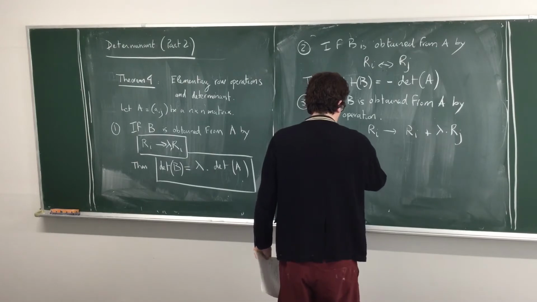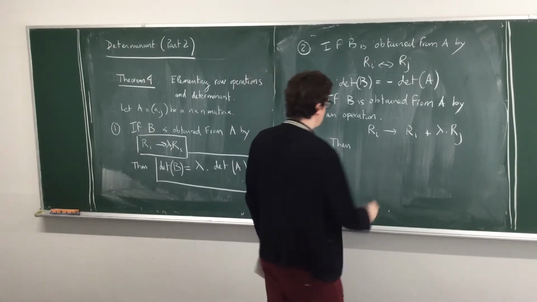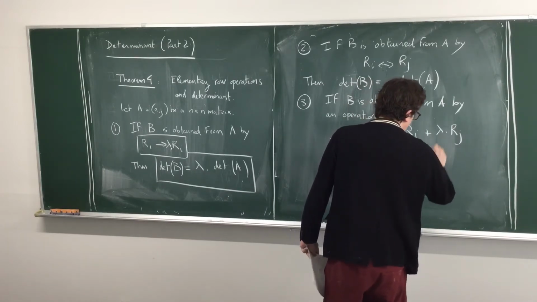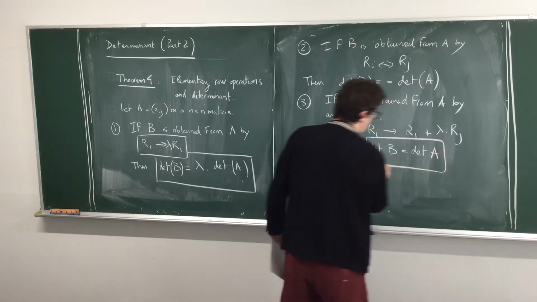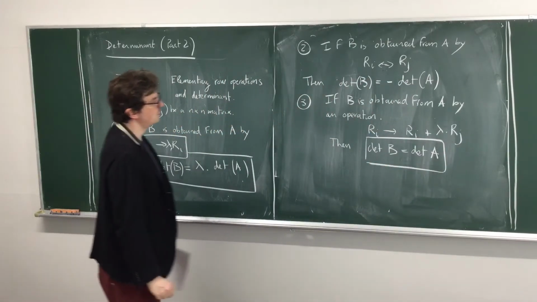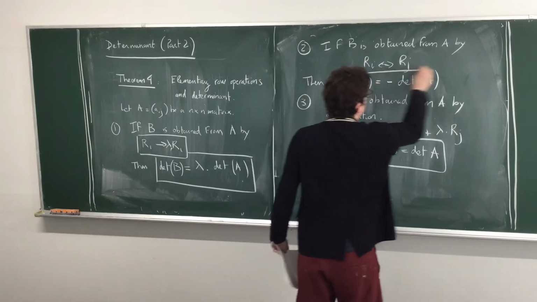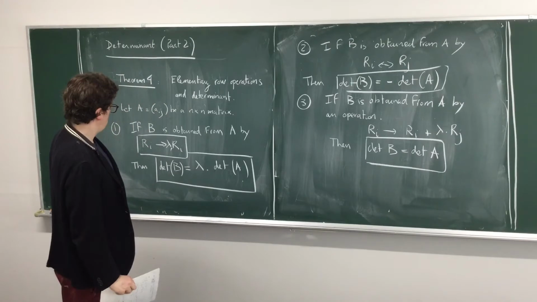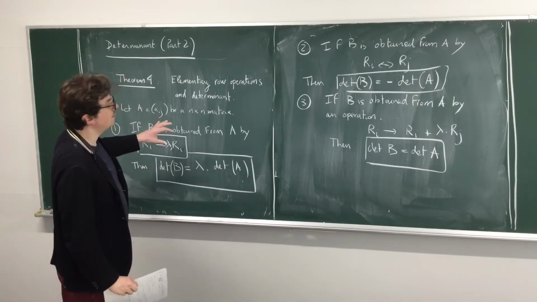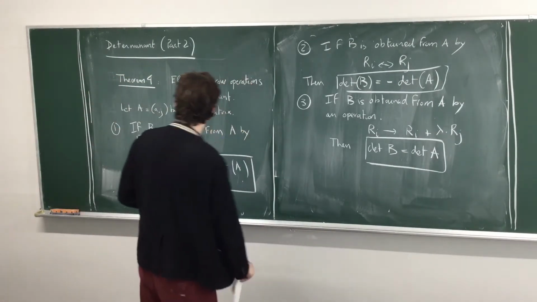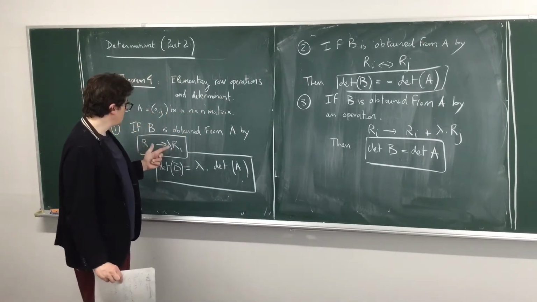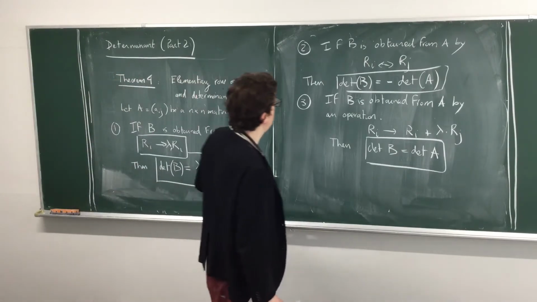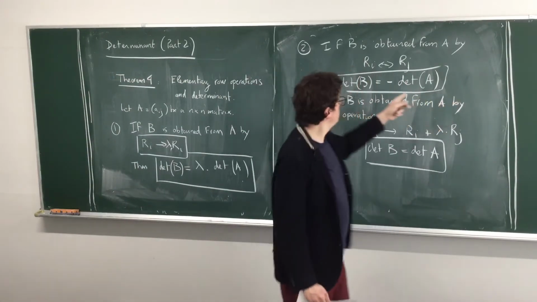Seems like a complicated operation, but the result is that the determinant of B remains unchanged. So the determinant of B will be exactly the determinant of A. So as you can see, of these three elementary row operations, only two are going to modify the determinant. The first one is multiplication by a scalar lambda: the determinant will also be multiplied by this lambda. In swapping, you will introduce a -1.